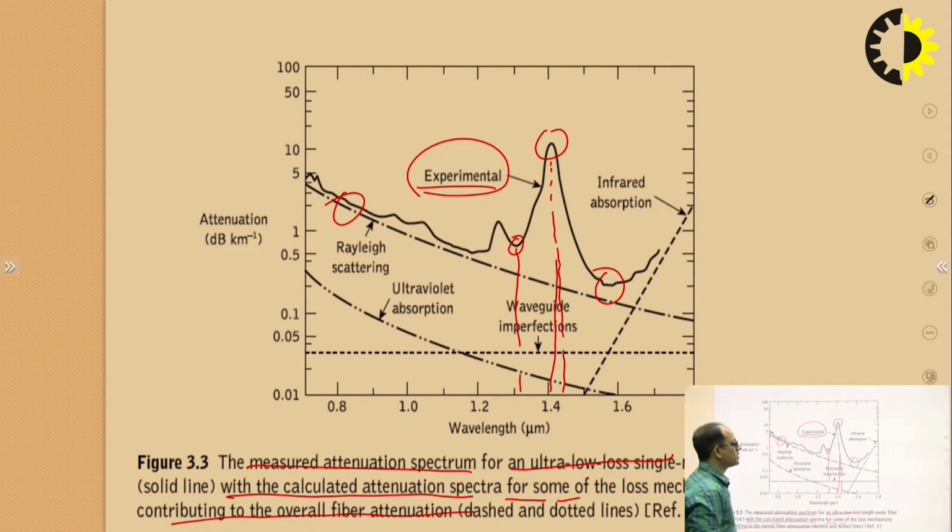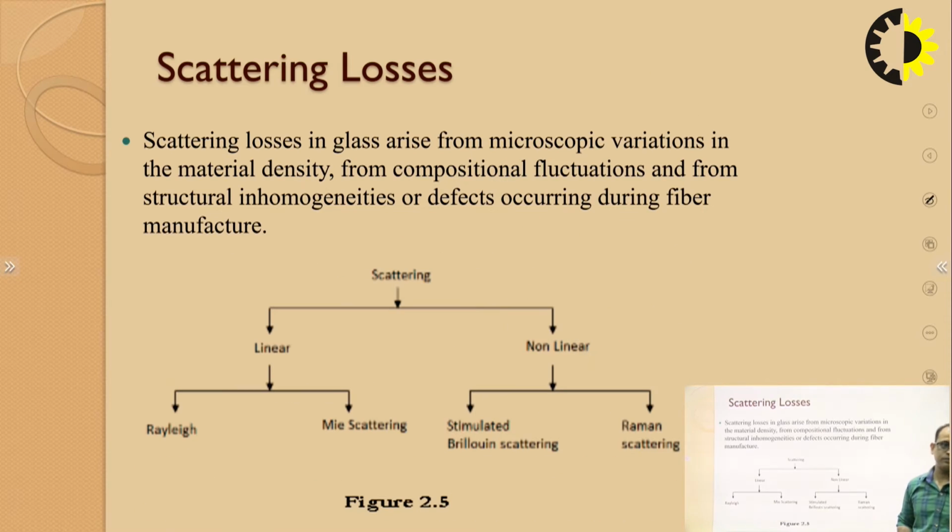So generally we always prefer to have an optical fiber cable which is operating at a higher wavelength to get the minimum attenuation or minimum loss, due to absorption loss, clear.